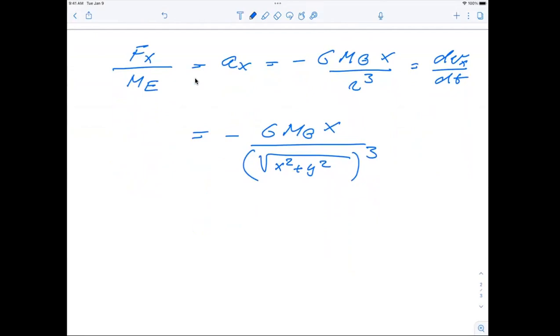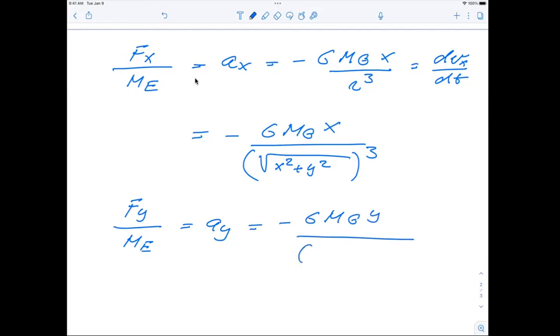Then we would have a similar expression for the y component. We would get f of y divided by the mass of the Earth, and this is a of y. If we do the algebra again, this gives us minus G M times y divided by x squared plus y squared, cubed again.